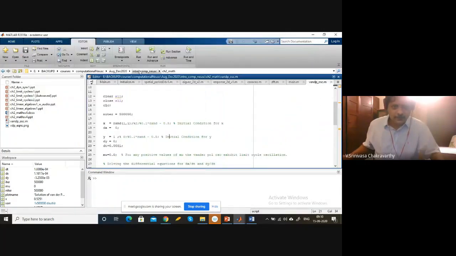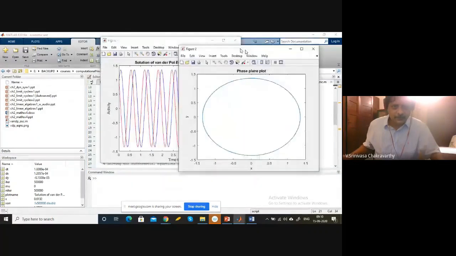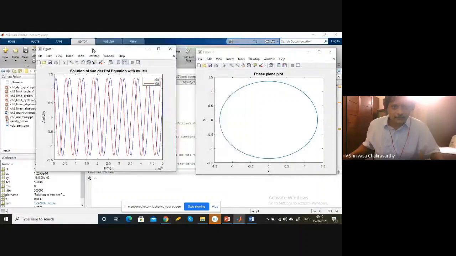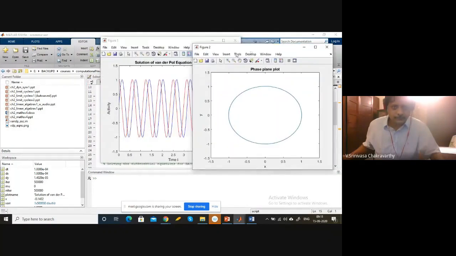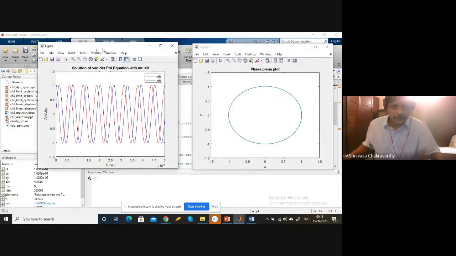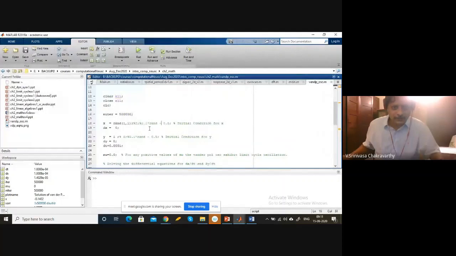If I run it again, every time you run it, you get a different amplitude. This time it is 1, and so on. So it's a simple harmonic oscillator, and the amplitude is not stable.